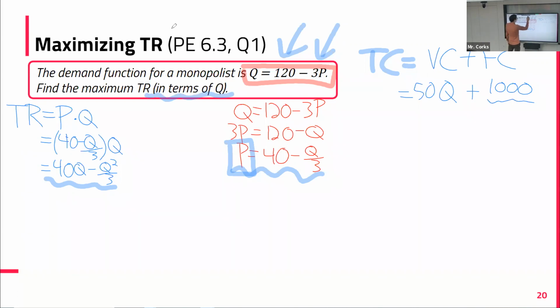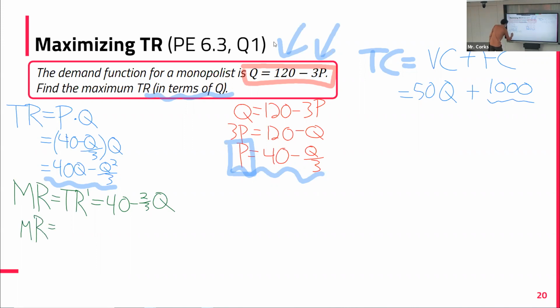All right. So a little bit of rearranging, but the rest of this process is going to be the same. We will just find our marginal revenue, which again is the derivative of total revenue, which is 40 minus 2 over 3 Q. We set that equal to 0.